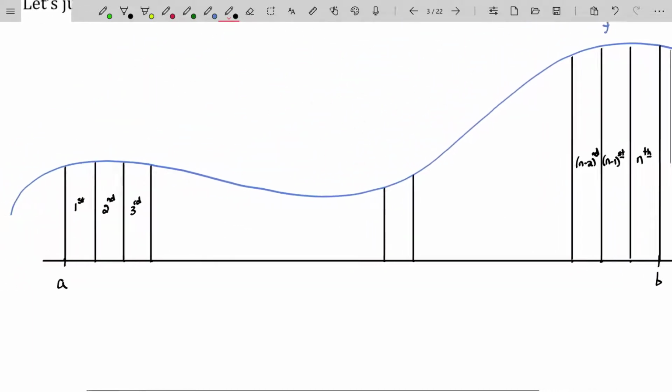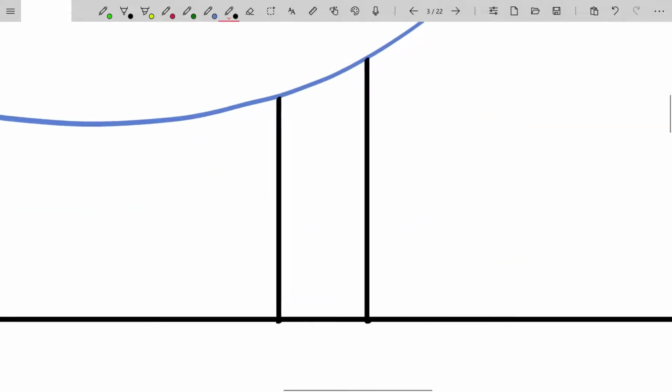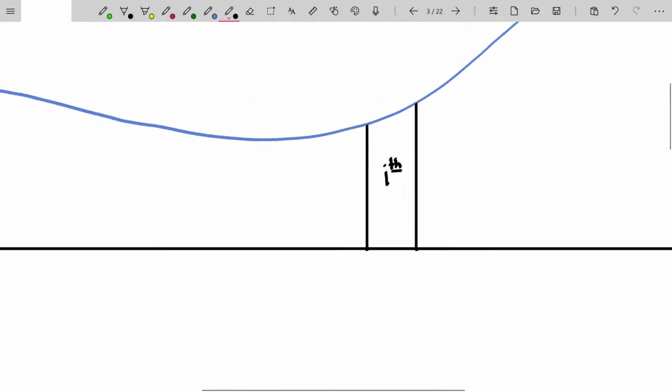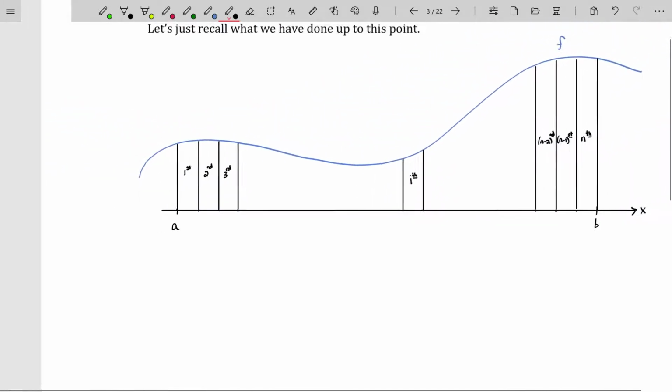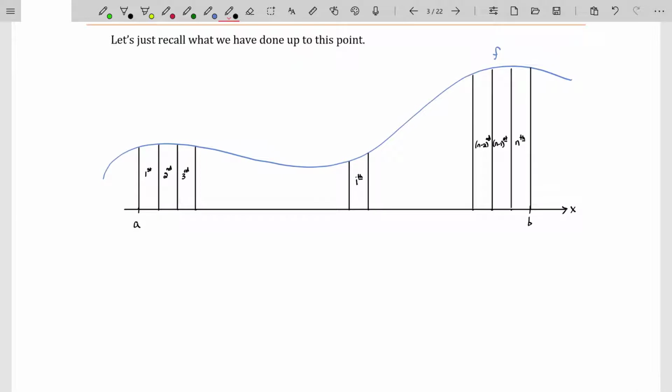And then somewhere in the middle, we had an arbitrary slice, which we'll just call the ith slice. And that ith slice is the most important of the slices because it's arbitrary. It's just the one that we're going to do that represents all slices.